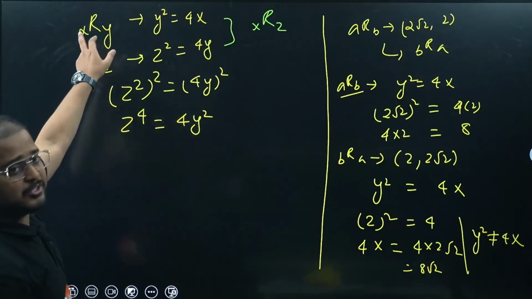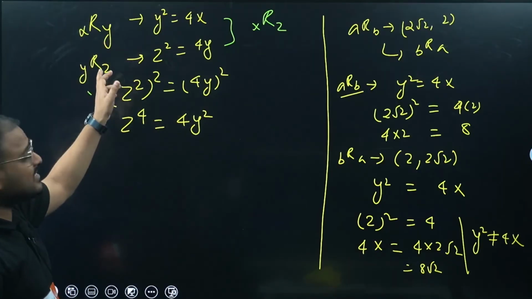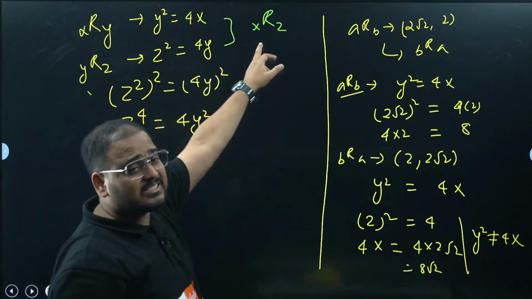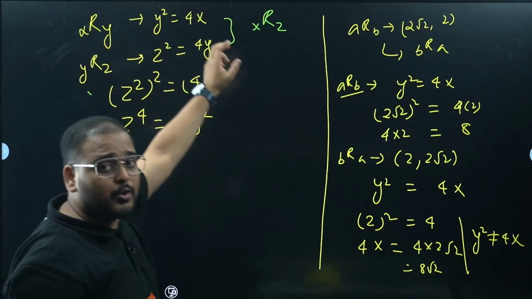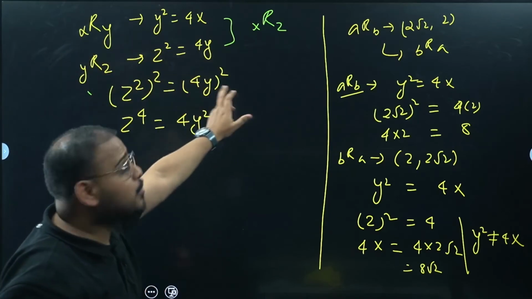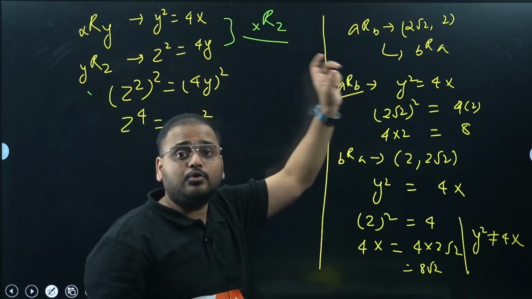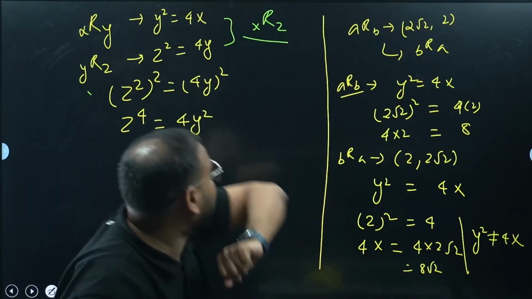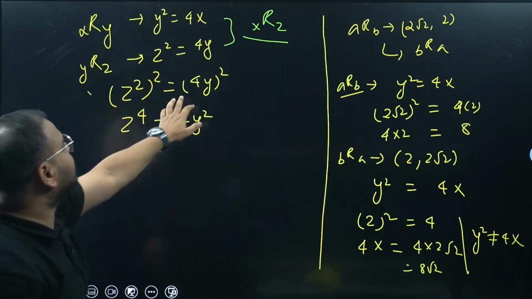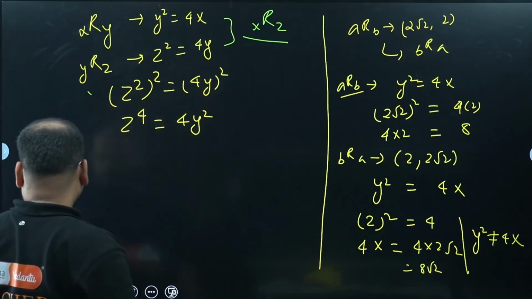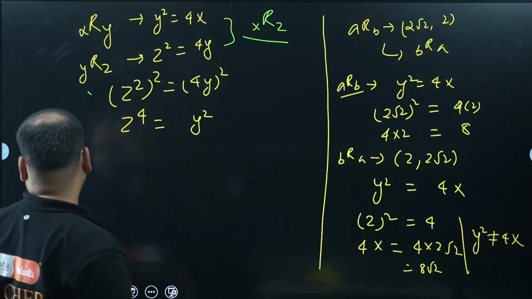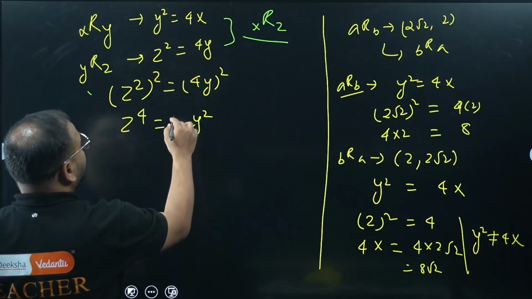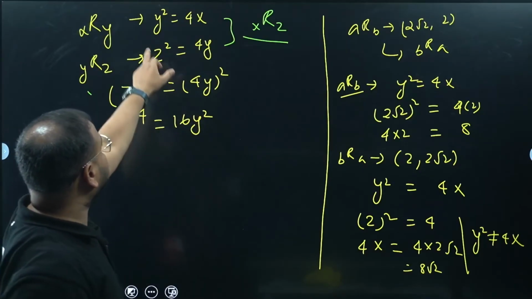If xRy is true and yRz is true, then xRz has to be true. That's what a transitive relation is. So we have to make a relation between x and z. For that reason I squared it up to get 16y square. I hope you can understand. Now replace y square by this value.